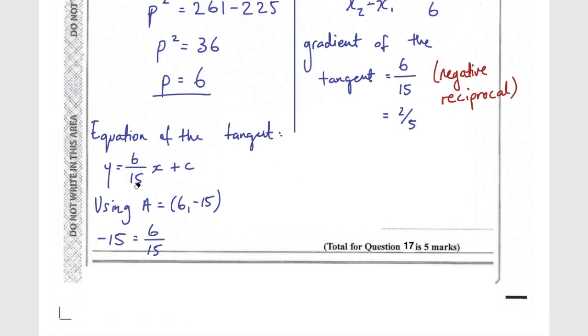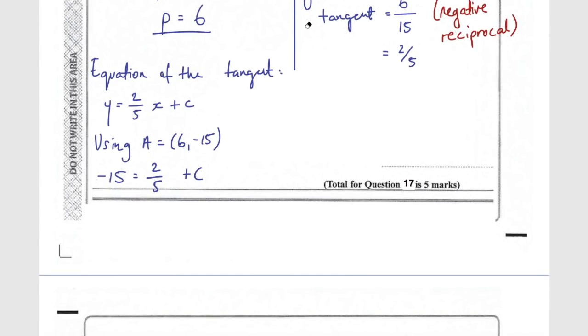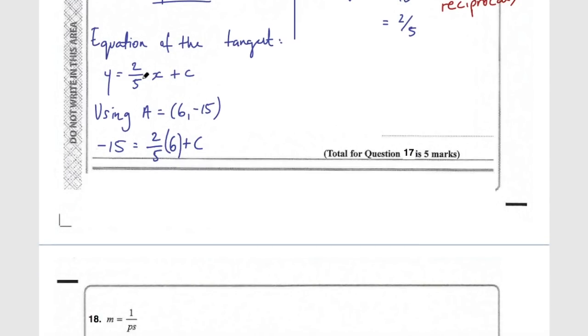So let's use that instead. It'll be much easier. So 2 on 5 times x plus c. Oops, and then I meant to put in 6 for x, so substitute in that 6 where the x is, and then start solving this for c.